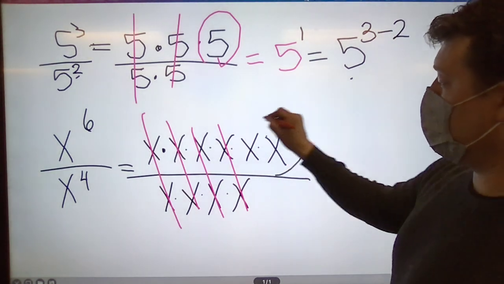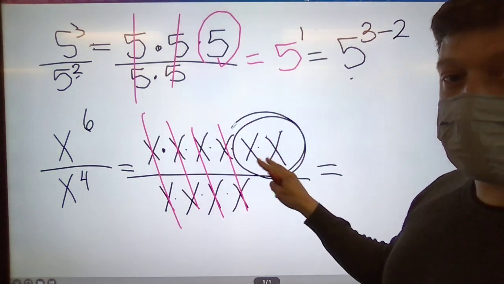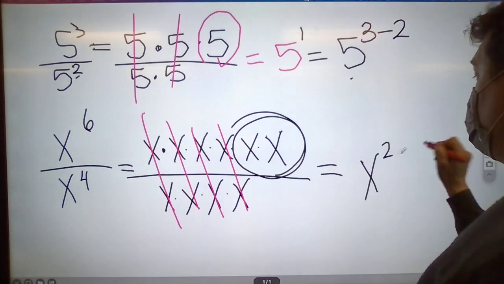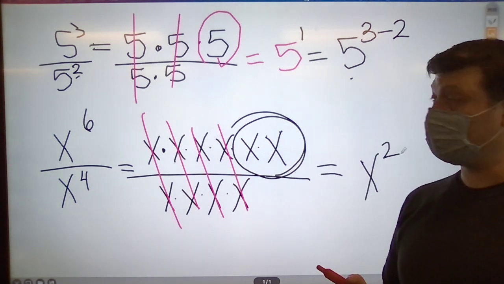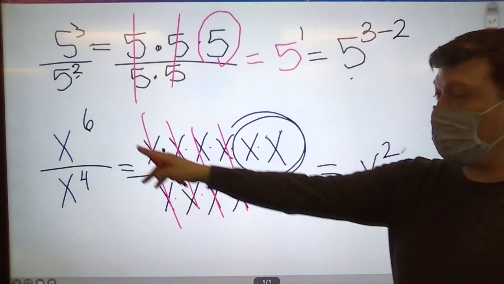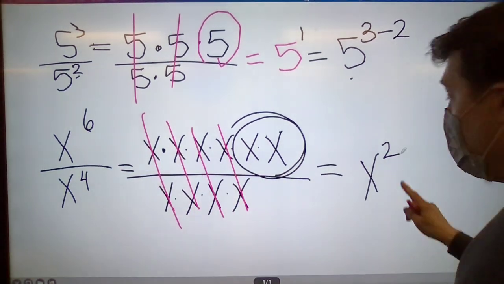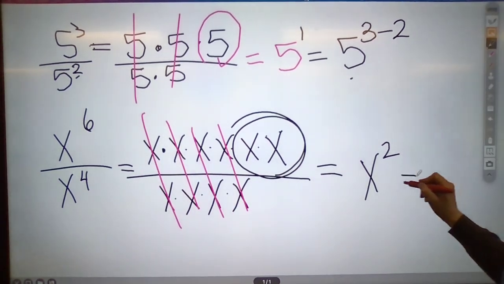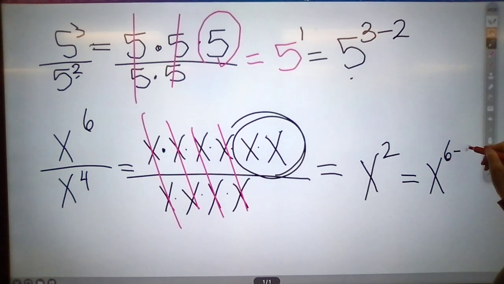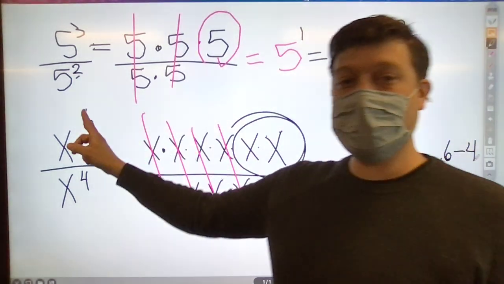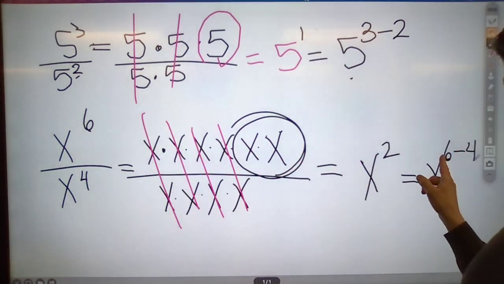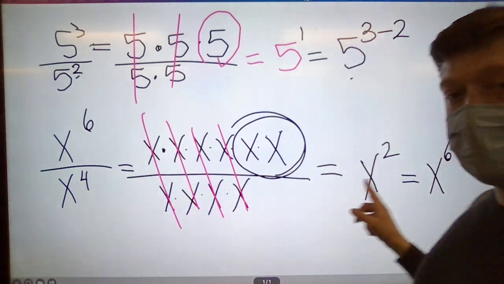What we have left is those 2. But if you know the rule, in this sort of scenario, we are able to subtract. So we have x to the 6 minus 4. It's always the top goes first and the bottom goes second.